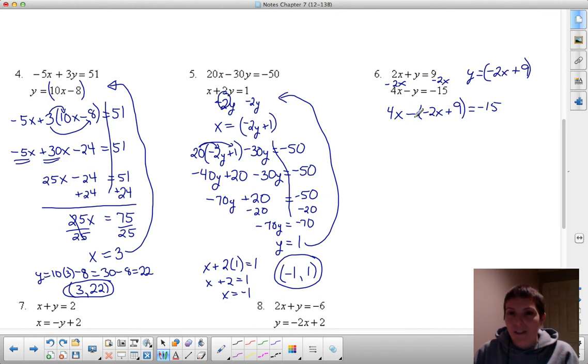Because it's a subtraction, you have a distributive property. Be very careful with it. Remember, that means multiply. Combine like terms.